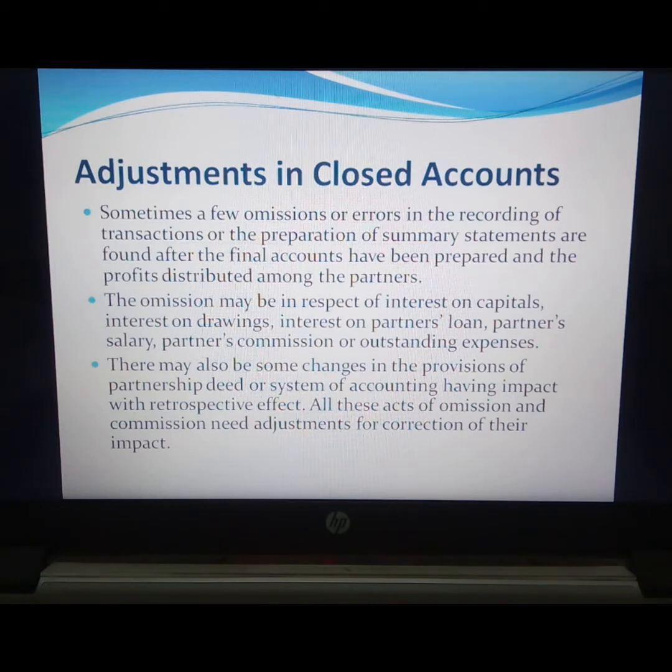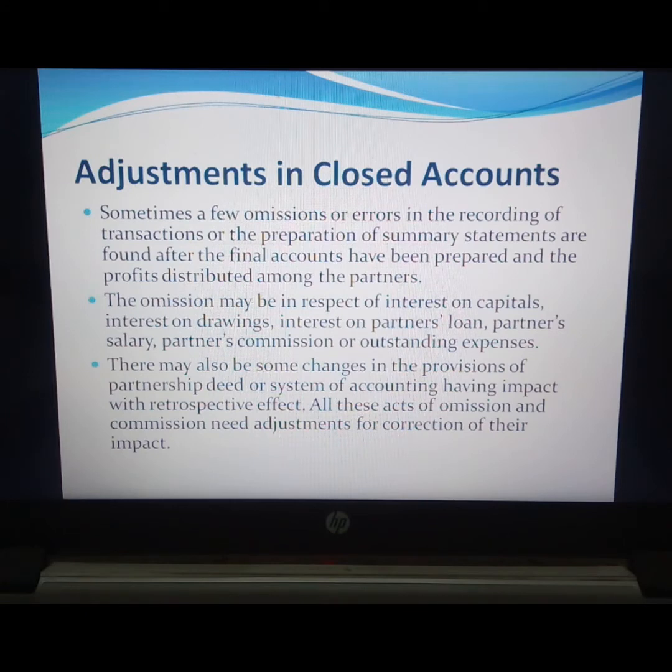Similarly, there may also be some changes in the provisions of partnership deed or the system of accounting having impact with retrospective effect. We'll take this through an example. Let's take again ABC are partners in a firm who have been sharing profits in the ratio of 3:2:1. Now with consensus they decide that in future their profit sharing ratio should be 1:1:1, which is equal.